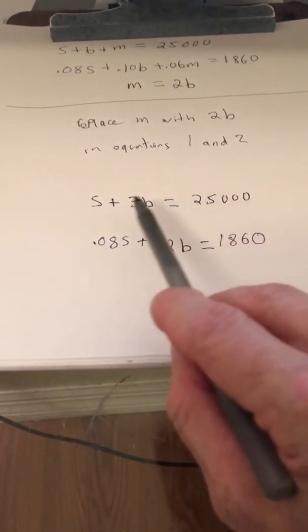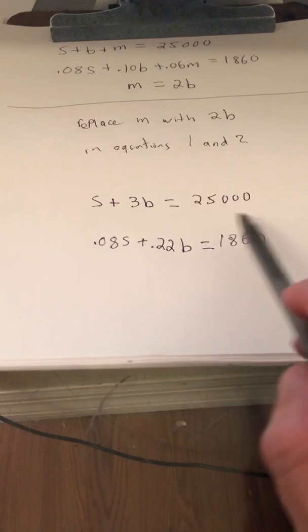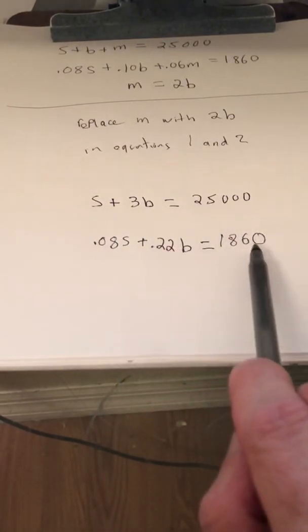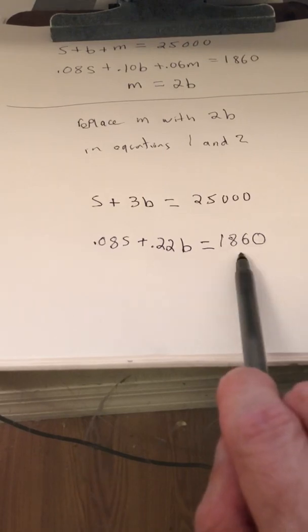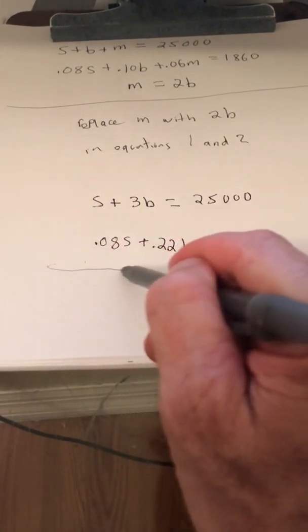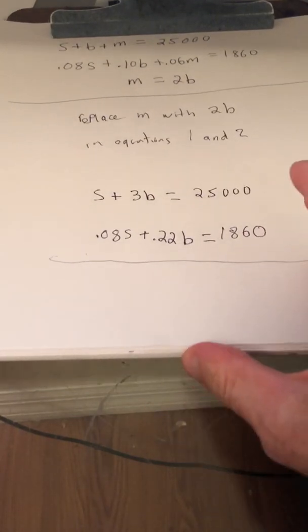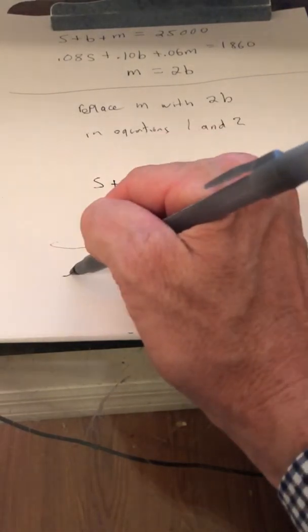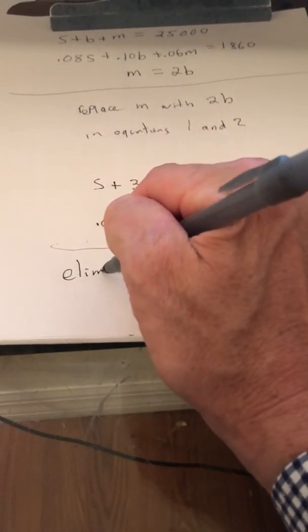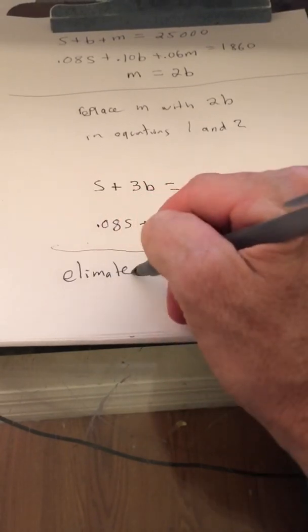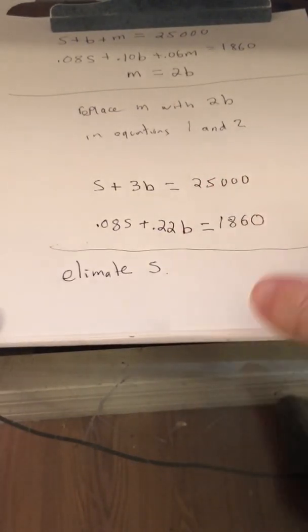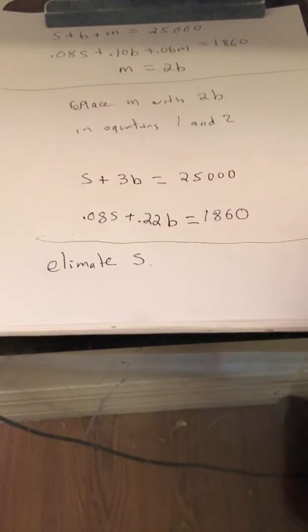So now we have to solve this system. You can get rid of the decimals if you want to, but I don't recommend that. I think we can just work with it as is. At this point, we're going to use elimination. We have to decide which variable is easiest to eliminate, and I think we want to eliminate S. How are we going to eliminate S?